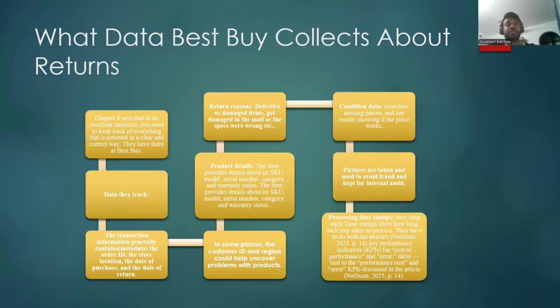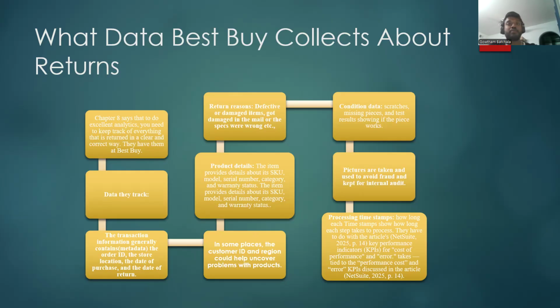So what data does Best Buy collect about the returns? To understand why the products come back, Best Buy tracks a lot of detailed information at several levels. They collect transactional data, for example metadata containing the order ID, store location, purchase date, return date, and so on.